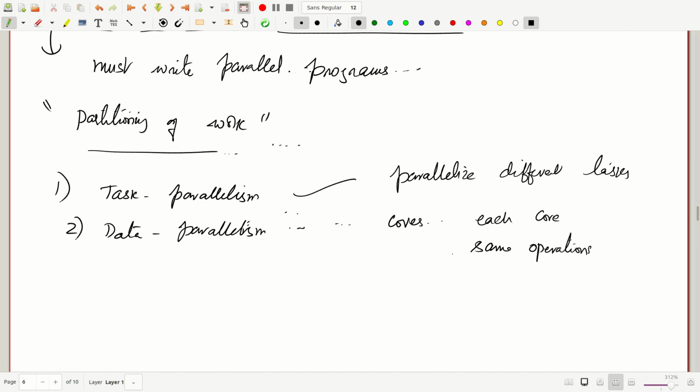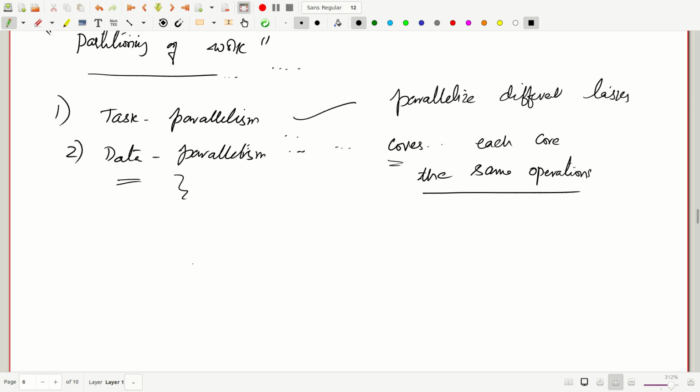They all perform pretty much the same operations on the data, whereas the data itself is split among the cores. Let us see an example for each of these, task and data parallelism, so that we can understand better.